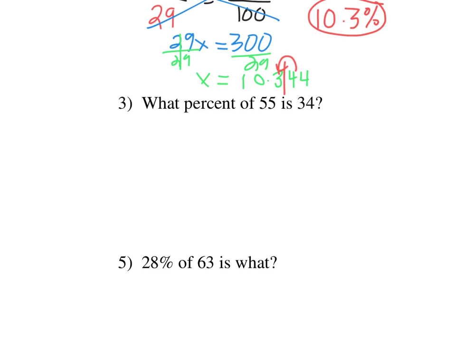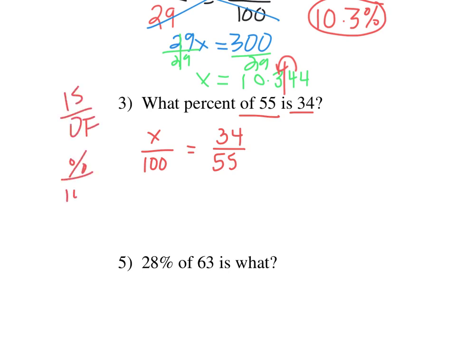Okay. What percent, think of 100, of 55 goes on the bottom, is 34 goes on the top, because remember, is over of, percent over 100. 55x equals 3400.